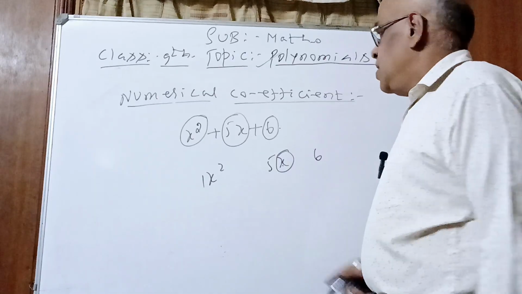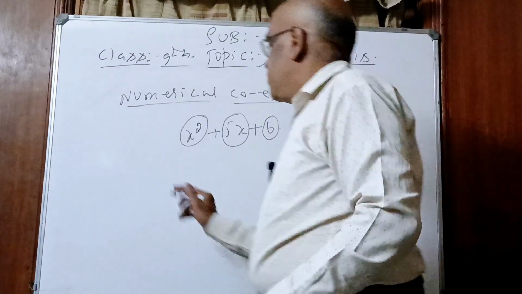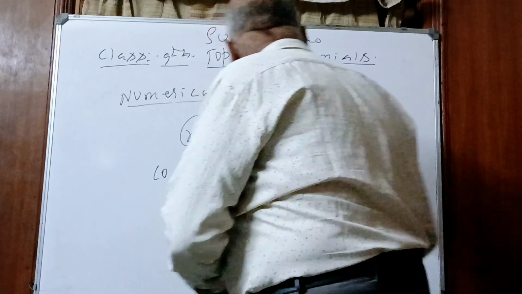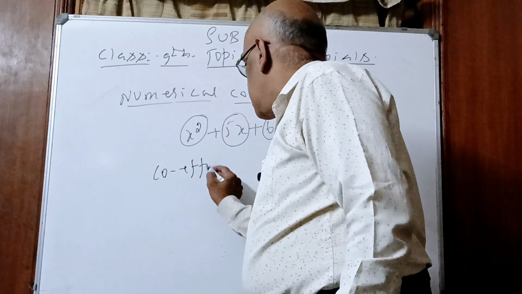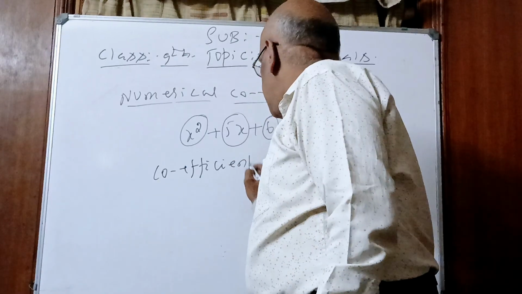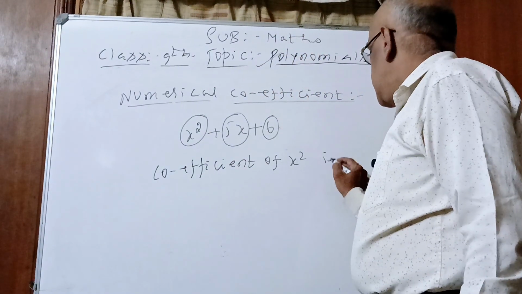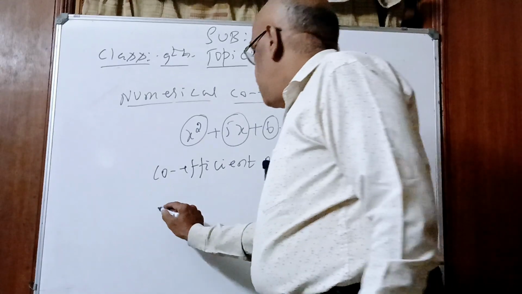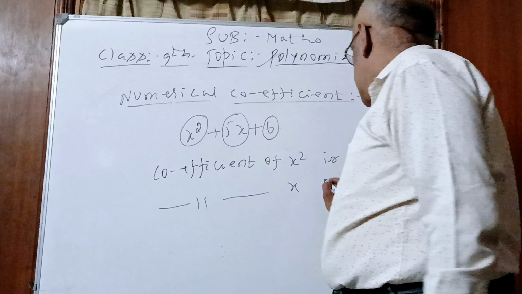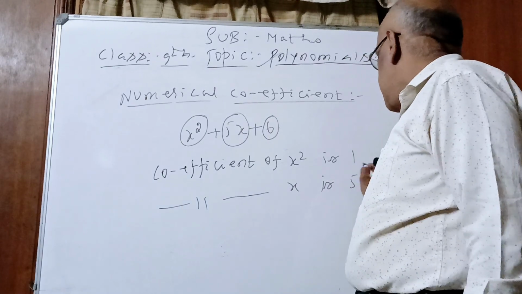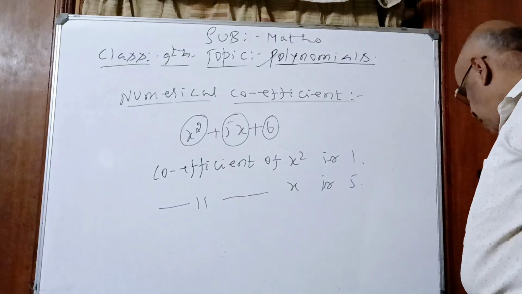Understood, children? Coefficient of x square is 1. Coefficient of x is 5. What is 6? Constant term.